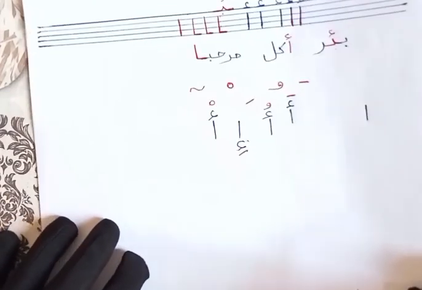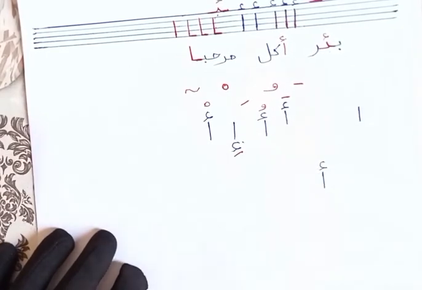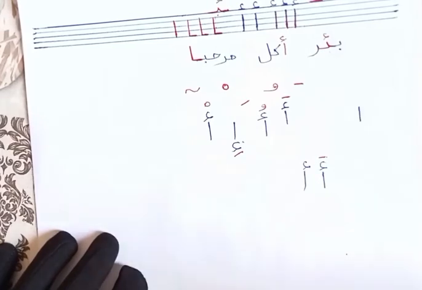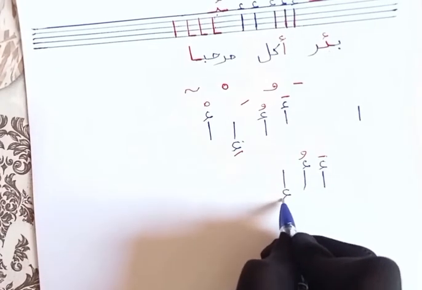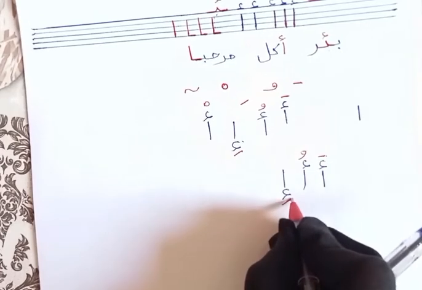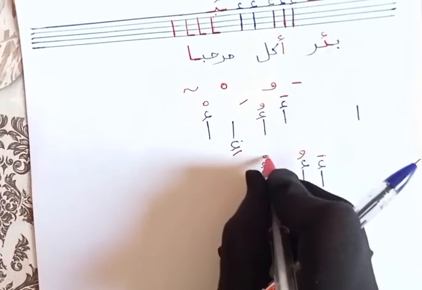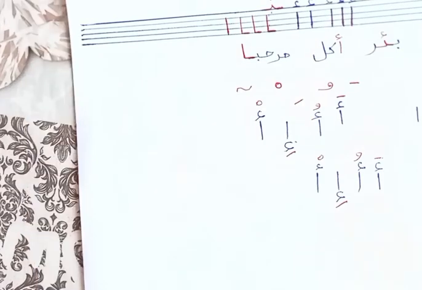Again, let us write it here. A. U. I. Now, A, U, I, E. These are called single signs.